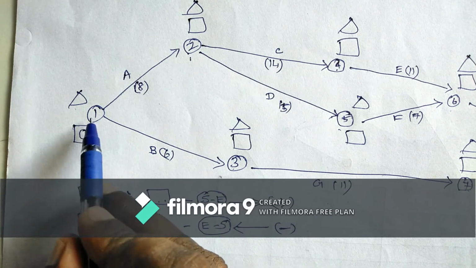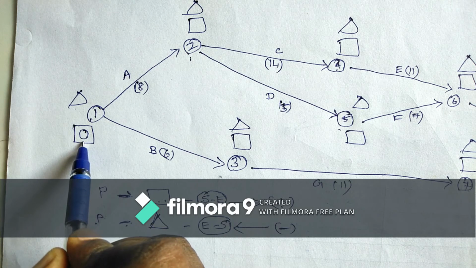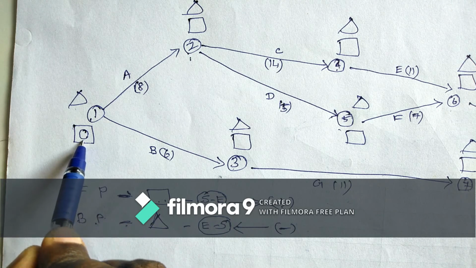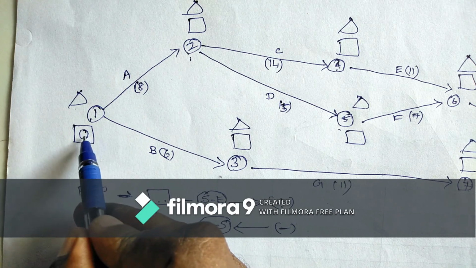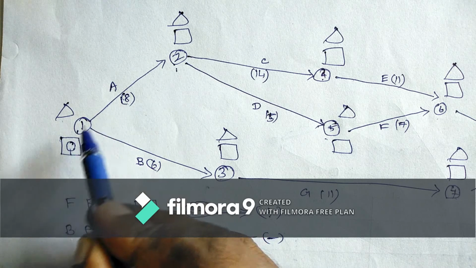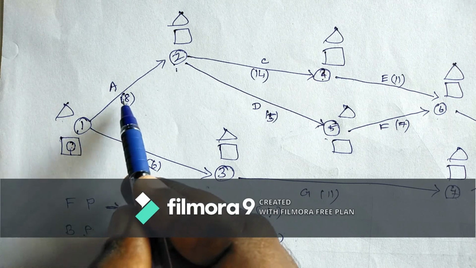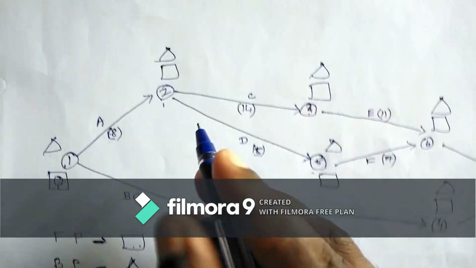So here we have started. For the first one, we put 0 because no work is done yet. Now we start our process. So here 0. To finish this activity, we need 8 weeks. So previous one 0, current one 8. So 0 plus 8, 8.